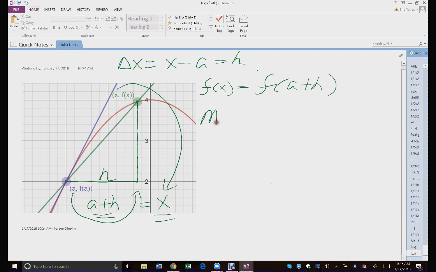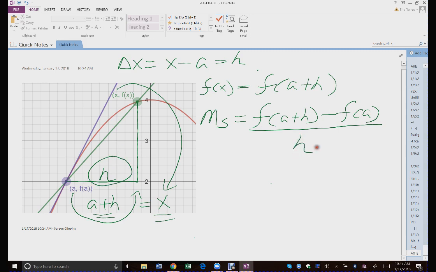So the slope of my secant line is the second y value, which we've now renamed a little bit, minus the first y value, over the run, which is the distance from the first x value to the second x value, which we've already said is h. So this is just another way, using some slightly different symbols, to represent the slope of the secant line. And of course, once again, I want the slope of the tangent line. Let me change colors.